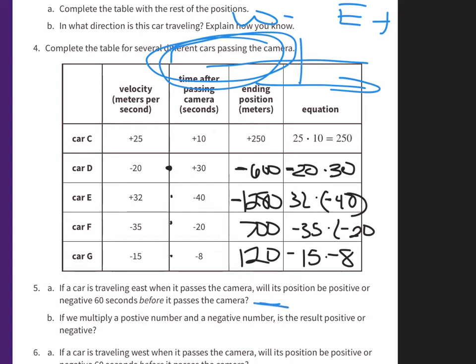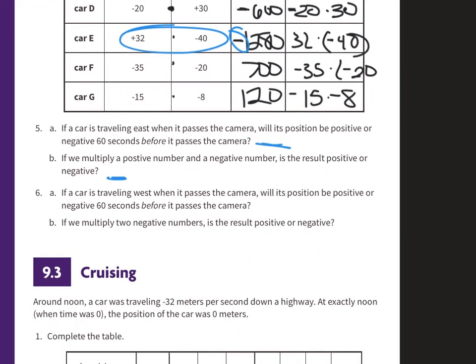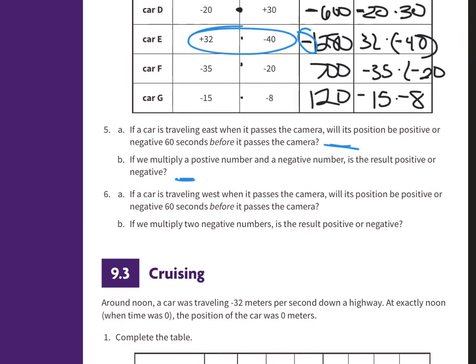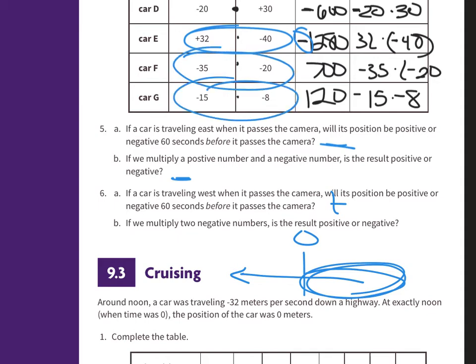A positive times a negative is a negative. If a car is traveling west, now it's going the other direction, so before, I'm over here on the east side, so it's going to be positive. If we multiply two negatives, a negative times a negative, I end up with a positive number.